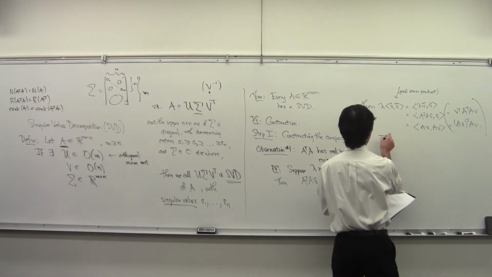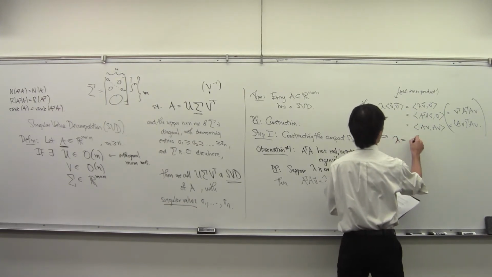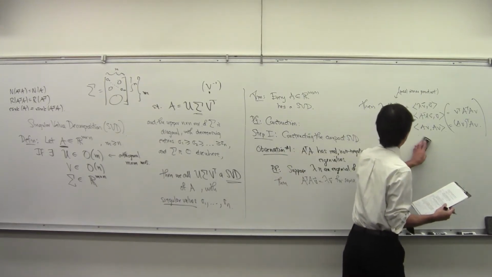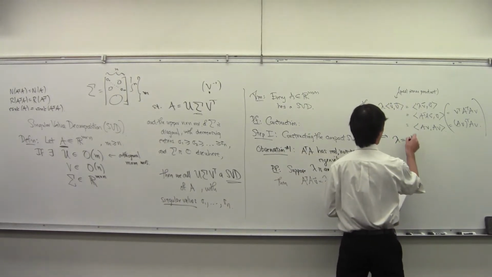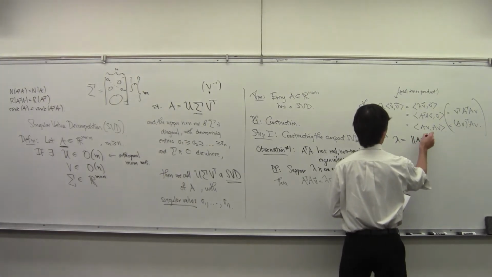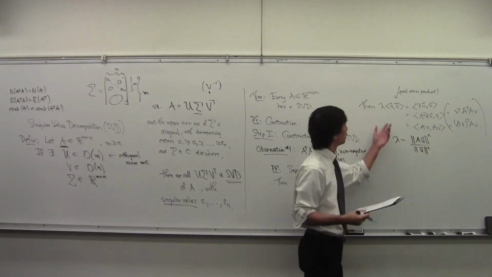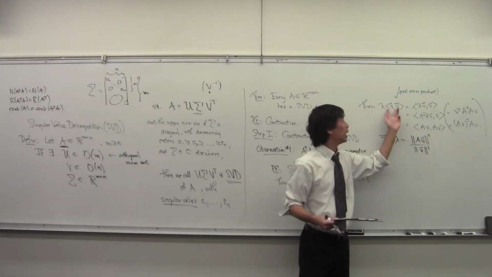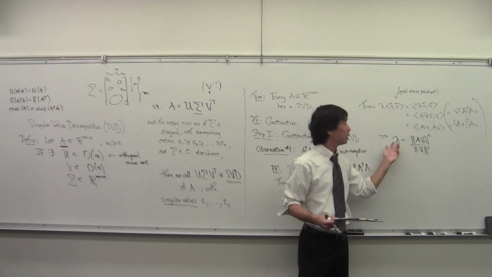But that tells me that lambda is the norm of Av squared over the norm of v squared. Get the norm of Av squared, divide by the norm of v squared, you get lambda.